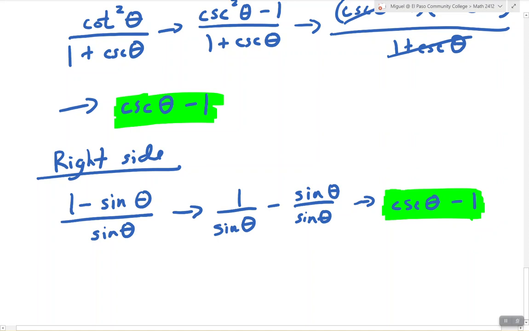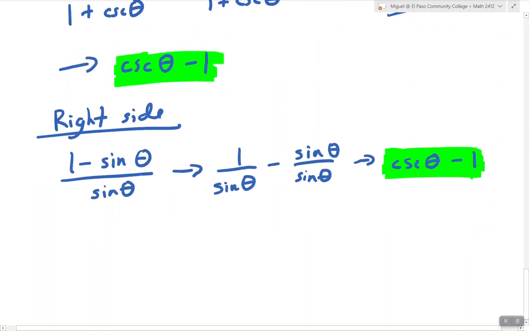All right, let's do one more on this one. This is 7A.